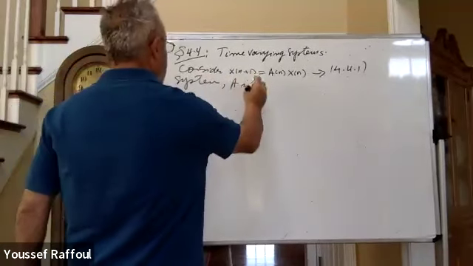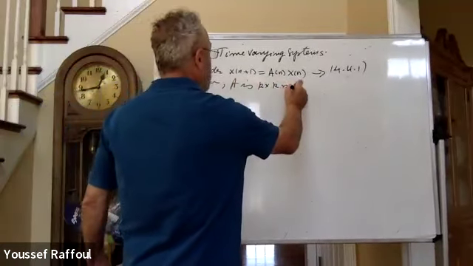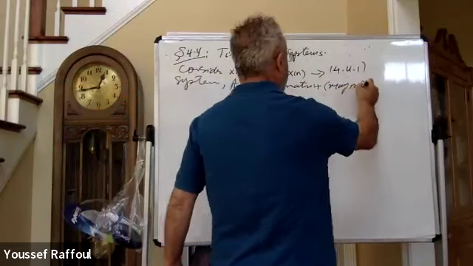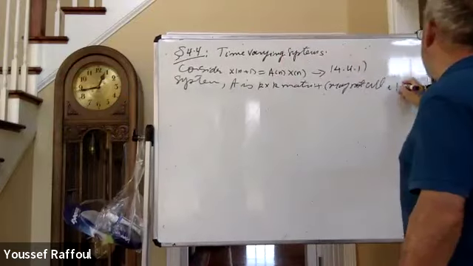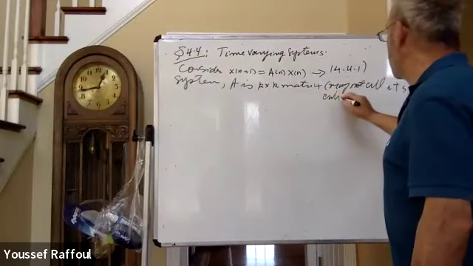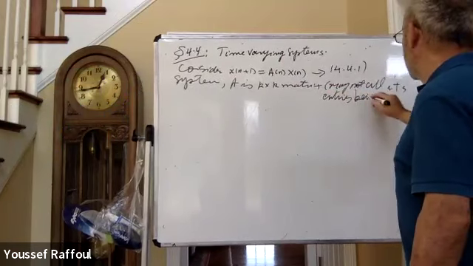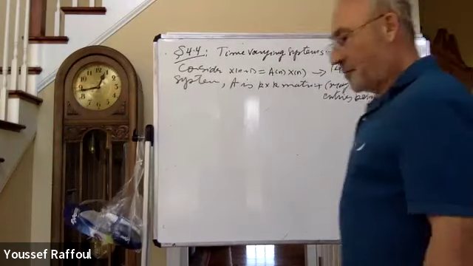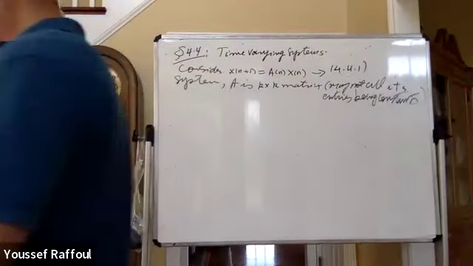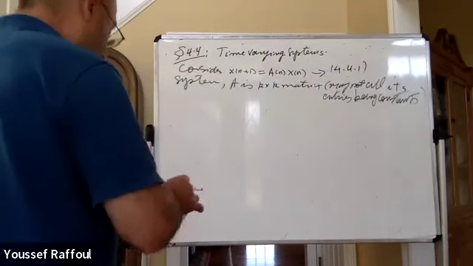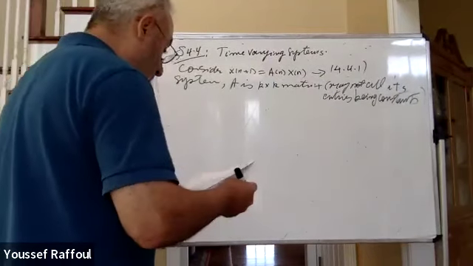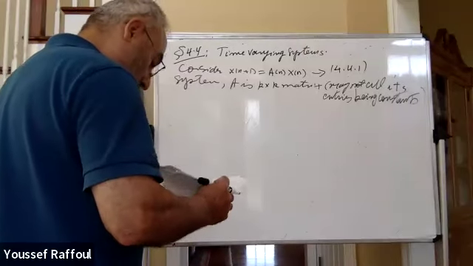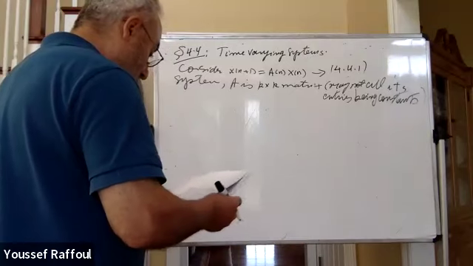Here A is a k by k matrix that may not be constant, may not have all its entries constant. If the entries are constant, we already discussed that, and all the results of this section belong to that.